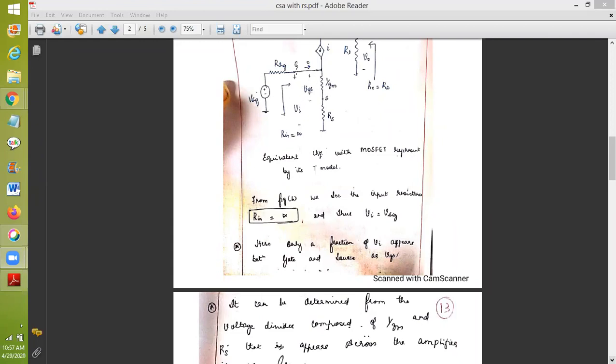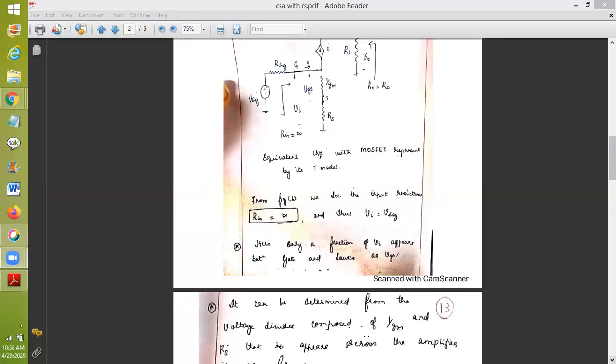I repeat, Vi is the voltage between gate and ground, and small VGS is the fraction of Vi that appears between gate and source.